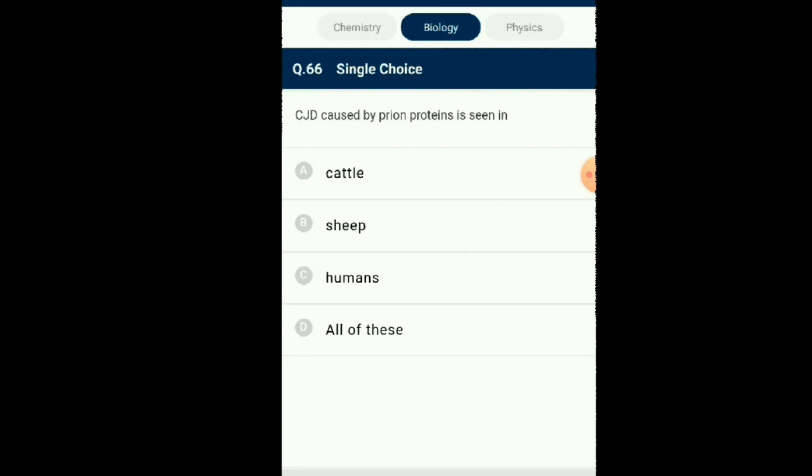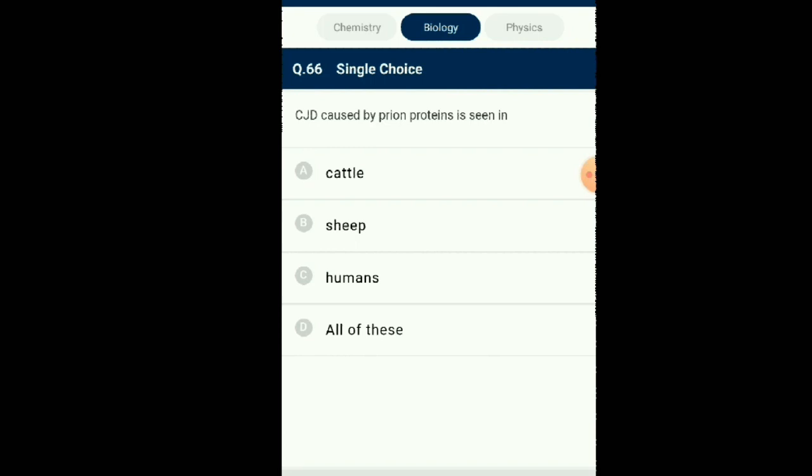Question number 66. CJD caused by prion protein is seen in. Prions. In modern medicine, certain infectious neurological diseases were found to be transmitted by an agent consisting of an abnormally folded protein. The agent was similar in size to viruses.